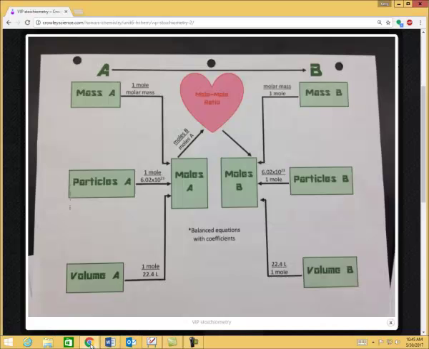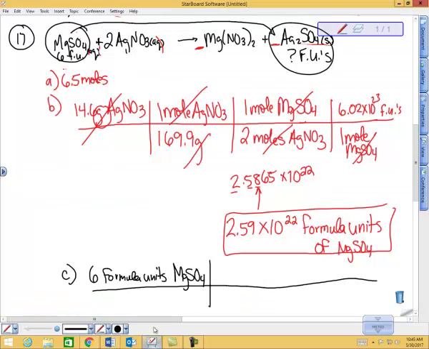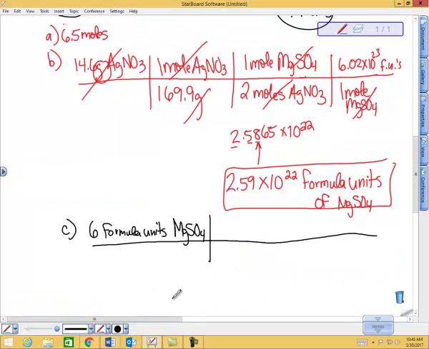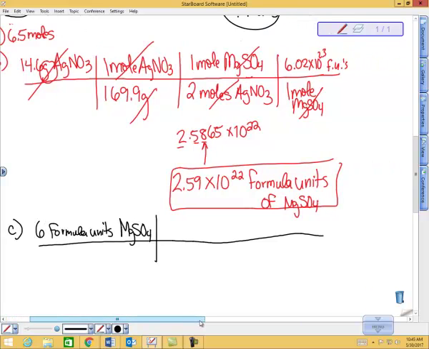So if you come back to this image, what you could technically be doing is starting with particles of A, dividing by Avogadro's number, doing a mole ratio, and then ending with Avogadro's number at the end. Technically, that's what it is. So if I wanted to, I could do a full stoichiometry problem here.